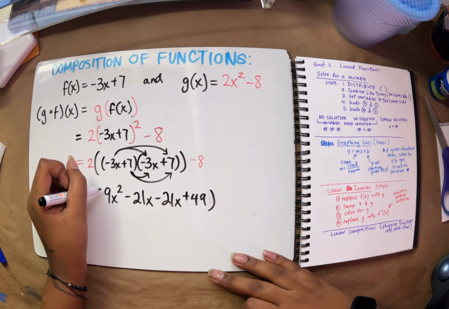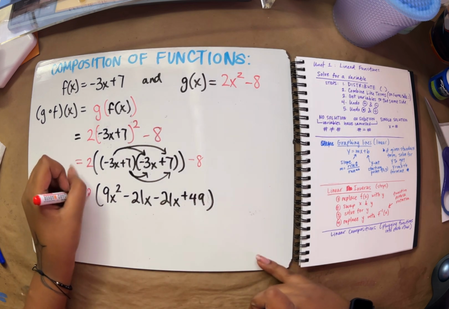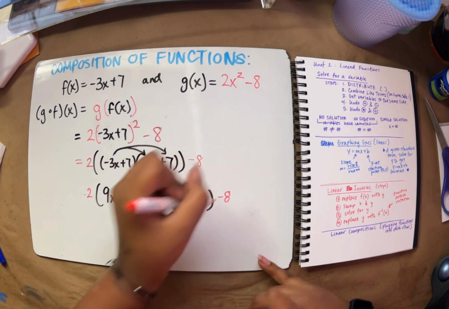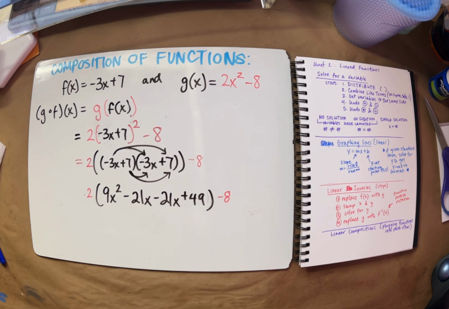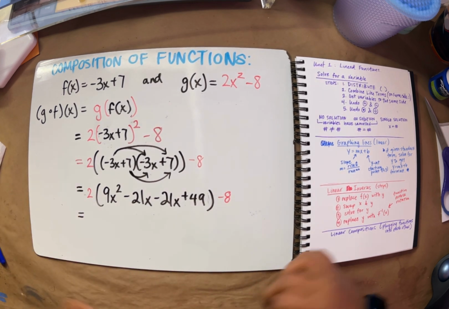And this is all still happening inside parentheses. We know that because this 2 still needs to multiply everything later. I know, it's going to feel like a lot, but that's okay. It's no big deal. In math, things can be a lot, and we just go through it, and that's okay.